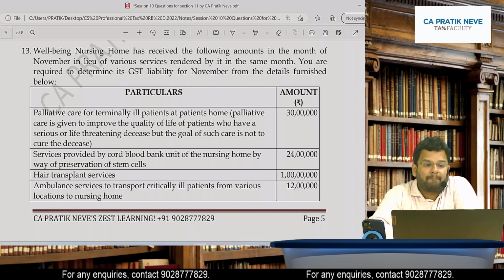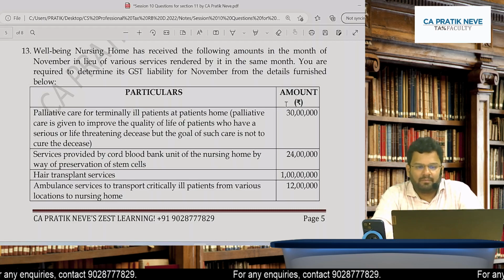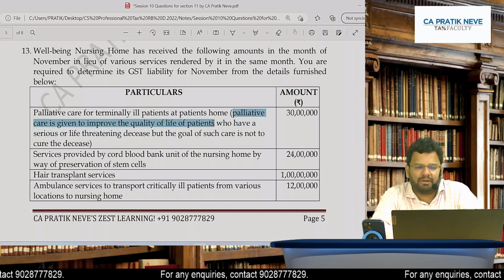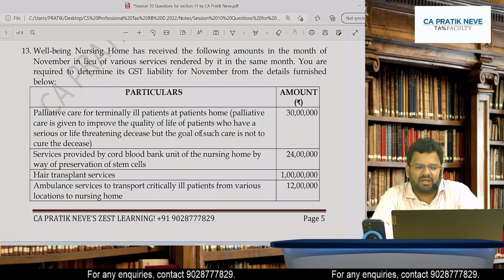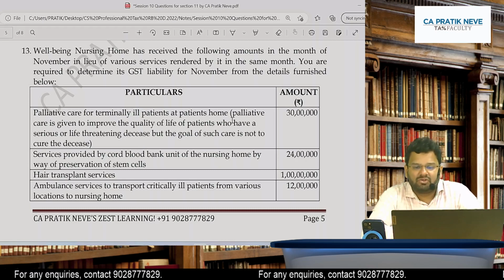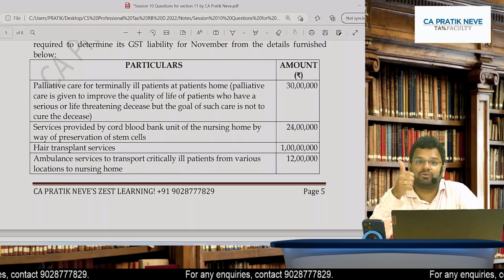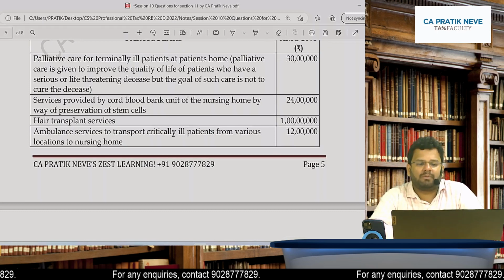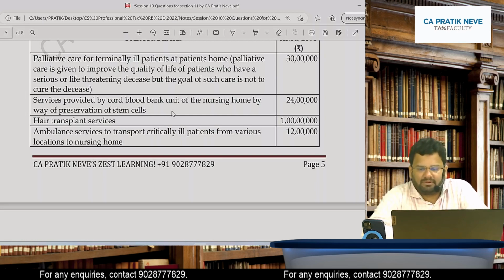One is palliative care for terminally ill patients at the patient's home. Palliative care is given to improve the quality of life of patients who have a serious or life-threatening disease, but the goal of such care is not to cure the disease. Anyways, this is a healthcare service, so it will become exempt. I told you that healthcare includes diagnosis, treatment as well as care. Services provided by the cord blood bank unit of the nursing home, yes, it is also exempt.